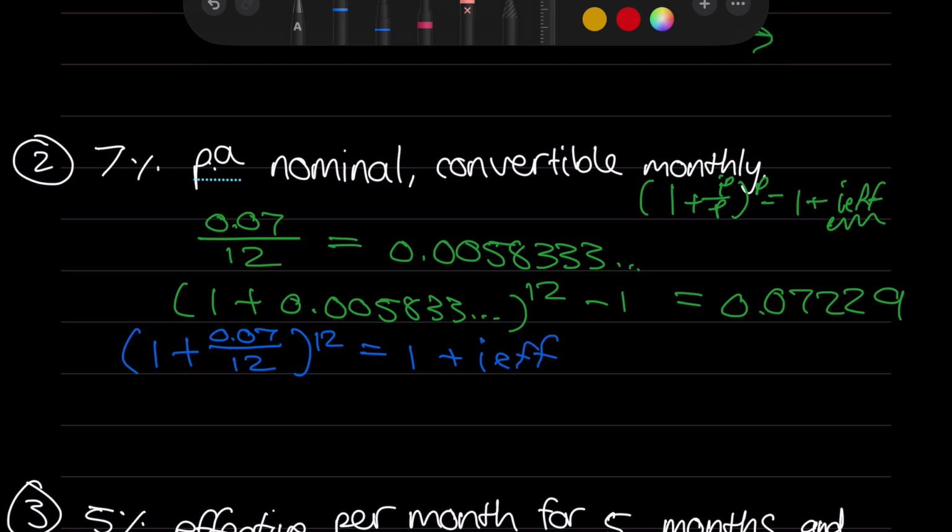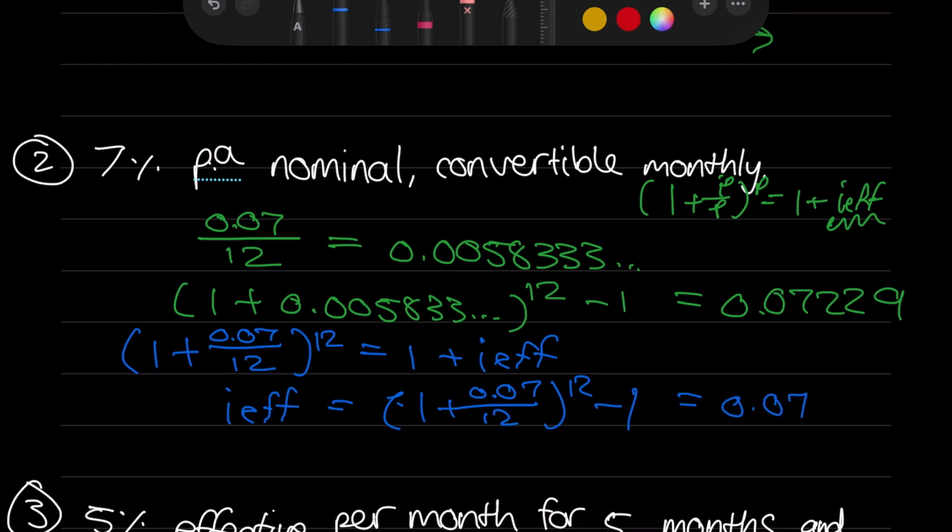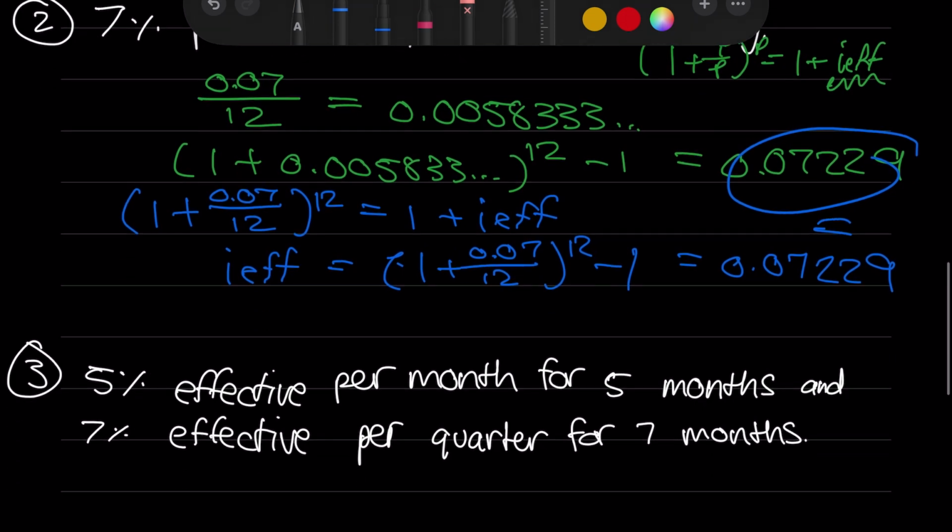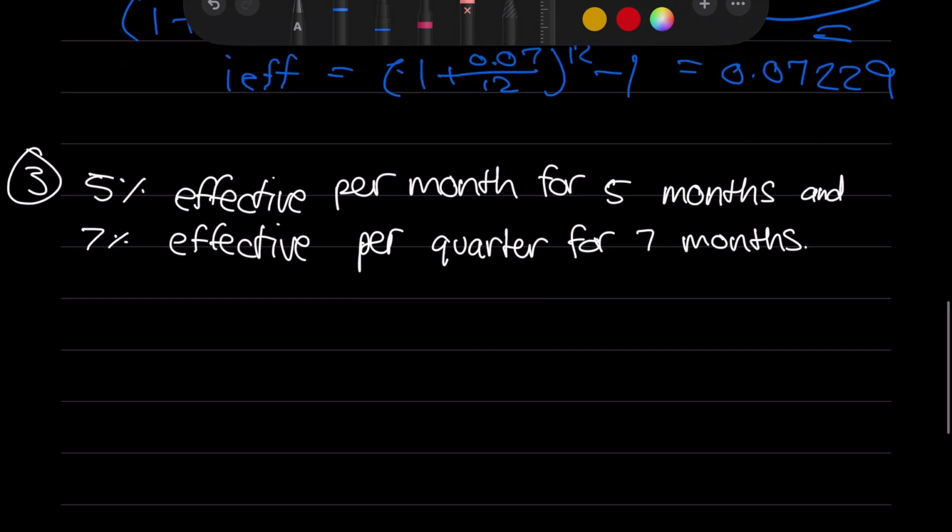We'll do some mathematical gymnastics, get i effective. Plug that in the calculator, we get the same. So whichever way you want, I just thought I'd give you two ways.